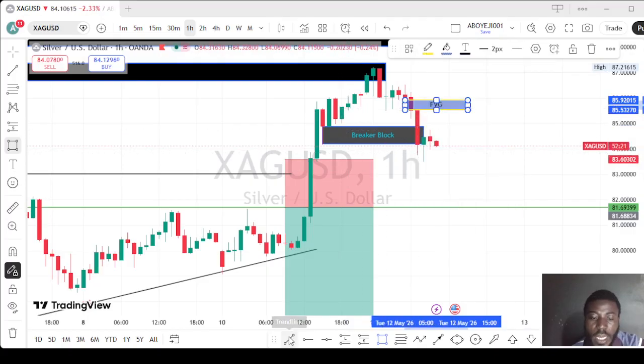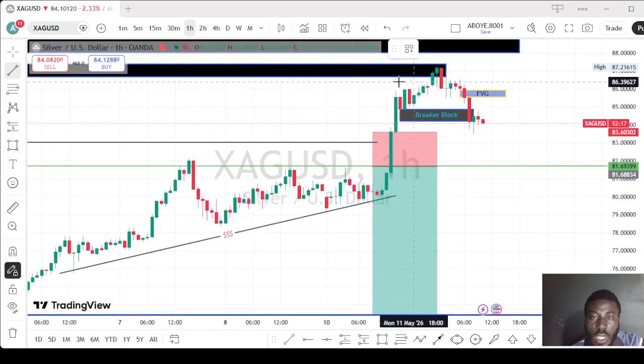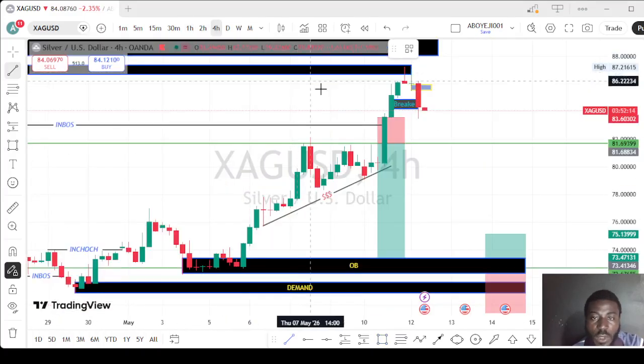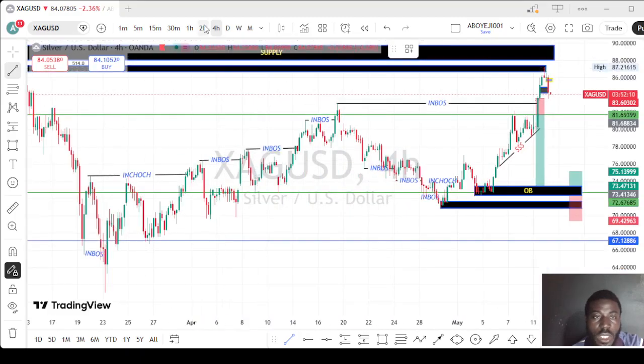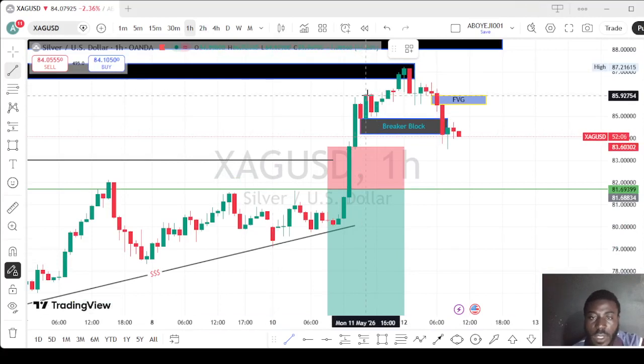The market mitigated this zone, and this serves as liquidity for me.